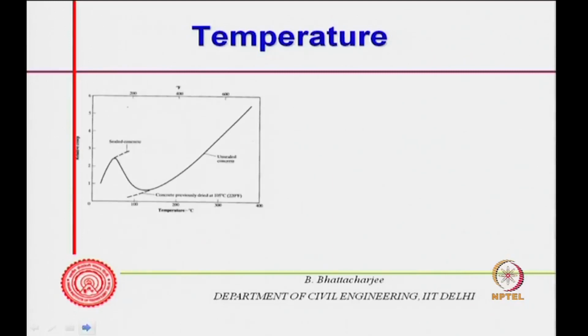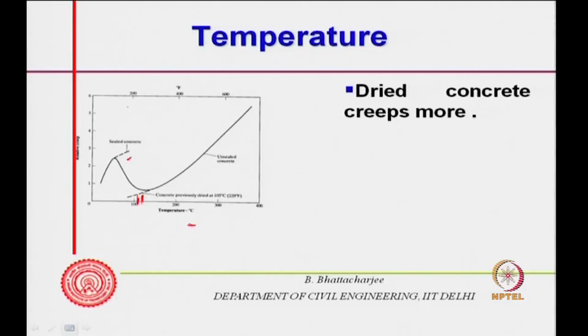right. For example, this is again temperature, concrete previously dried up to 105 degrees centigrade, sealed specimen, and this is unsealed concrete. So, you have dried, it goes to a very low level, previously dried to 105 degrees centigrade, right, and the relative creep is less.